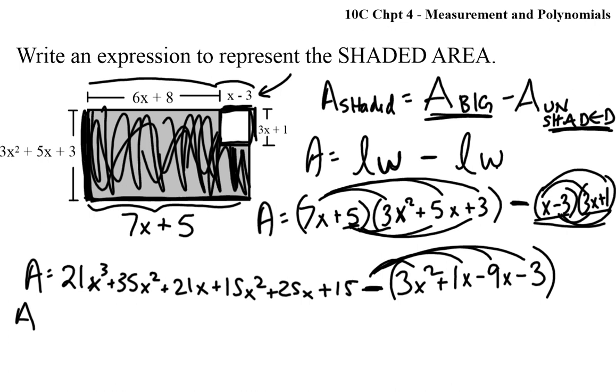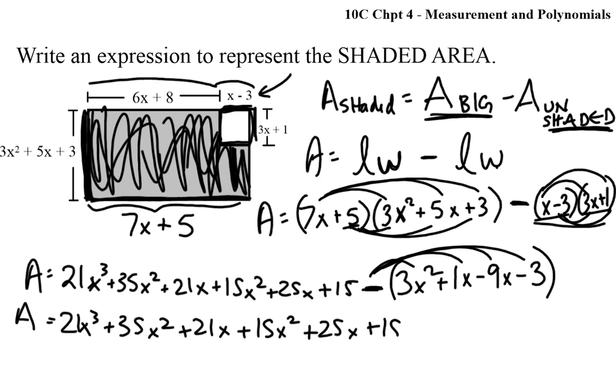So that's going to leave us with 21x cubed plus 35x squared plus 21x plus 15x squared plus 25x plus 15 minus 3x squared minus 1x plus 9x, because it's a negative times a negative 9x, and negative times negative 3 is plus 3.